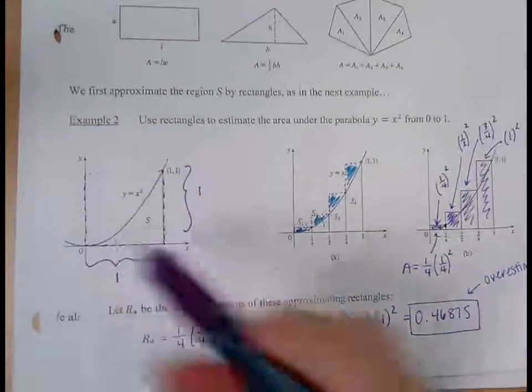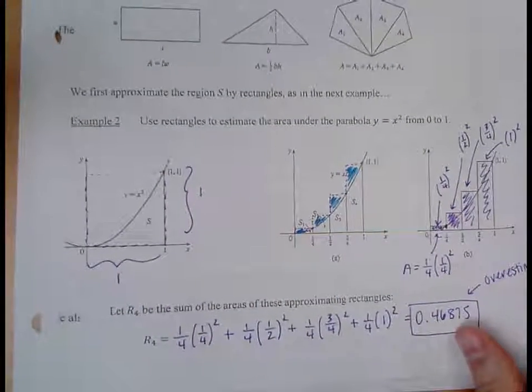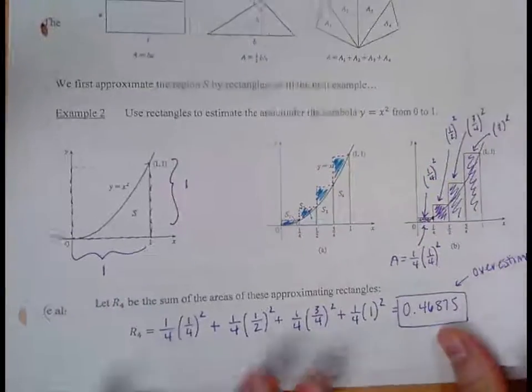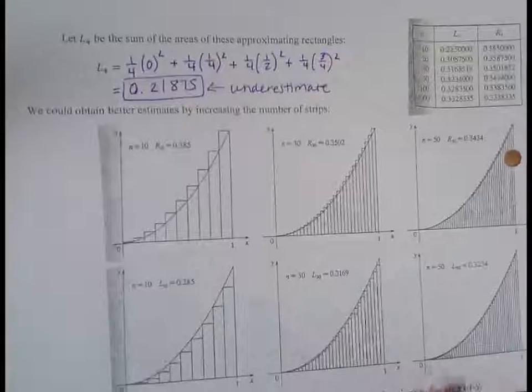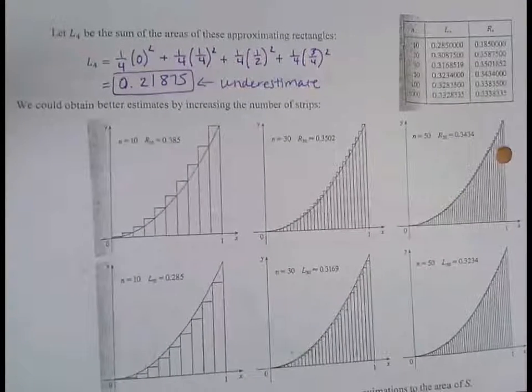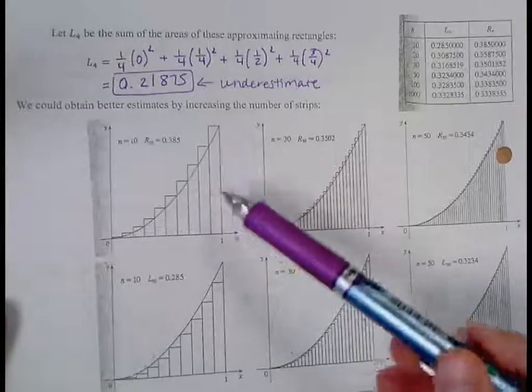We were from 0 to 1, now we're from 0.21 something to 0.46875. If you keep increasing the number of rectangles, you will get a better and better estimate. So that's what is being shown here.